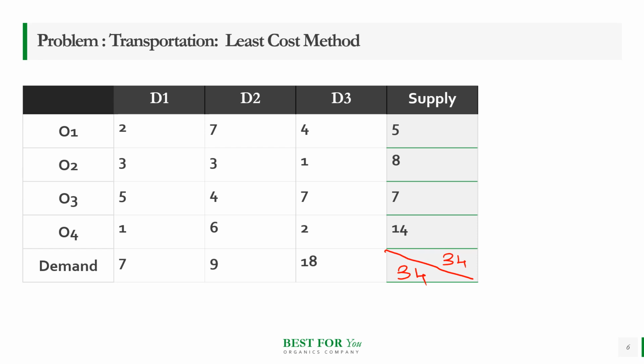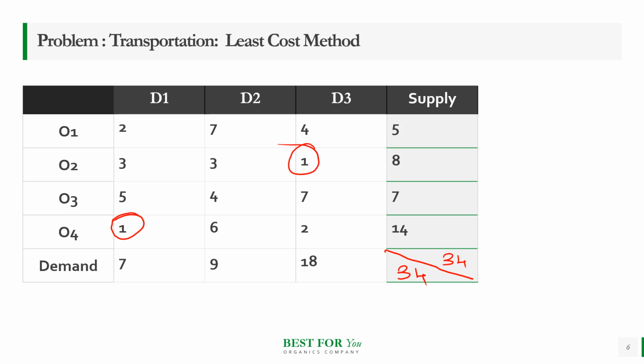In the least cost method, the name itself gives you the answer. We have to select the least cost and from there onwards start the allocation. So in this cost table, we need to select the least value and start allocating from there. Here the least cost is 1, and we have it at 2 places.